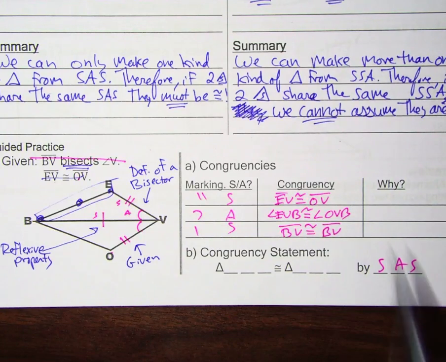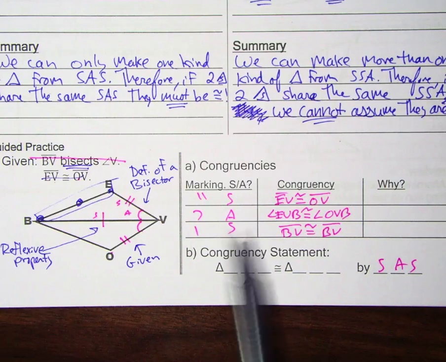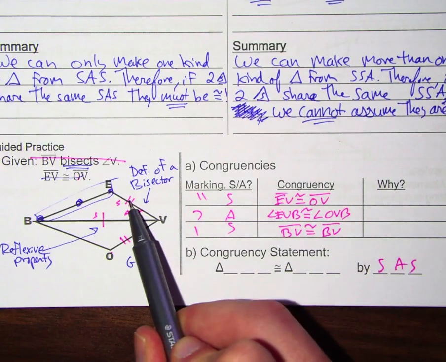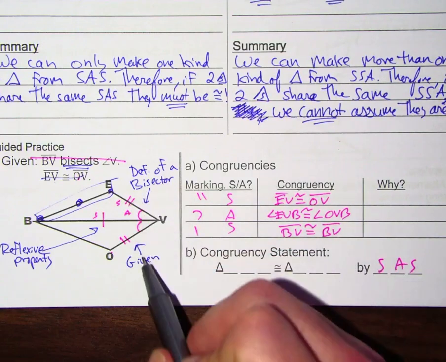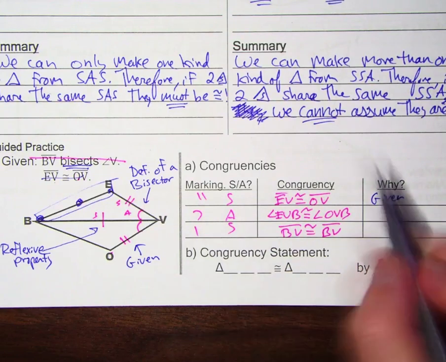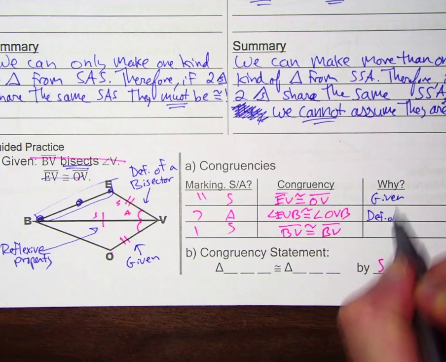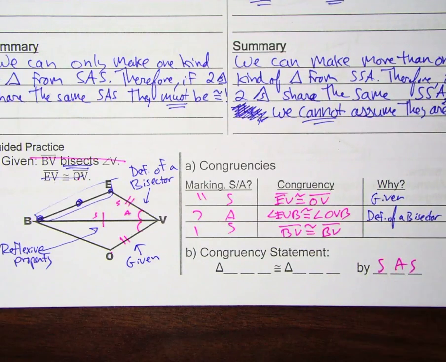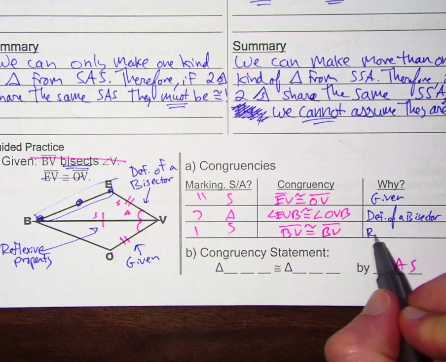So if we take a look, those are all the parts. The reasons why, well, the 2 ticks, that was already given to us. The angle was definition of a bisector. And this was the reflexive property.